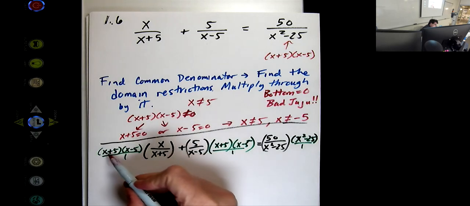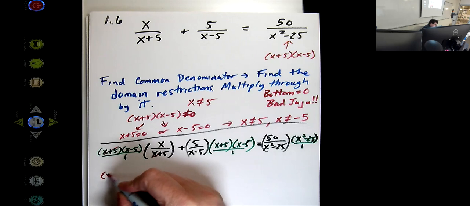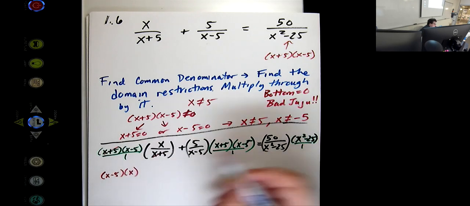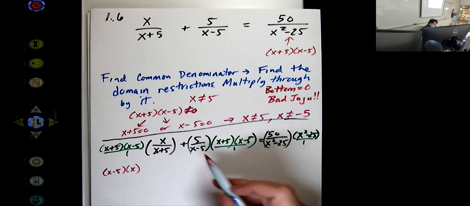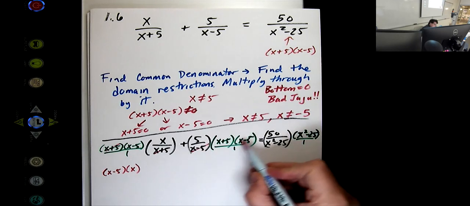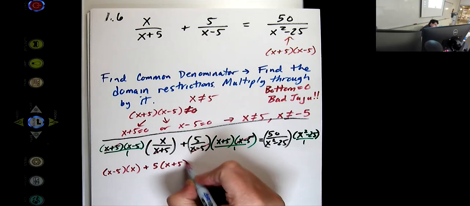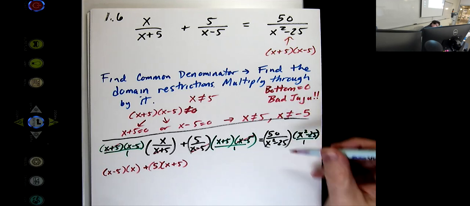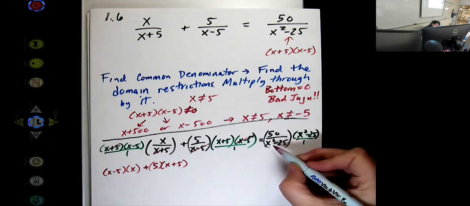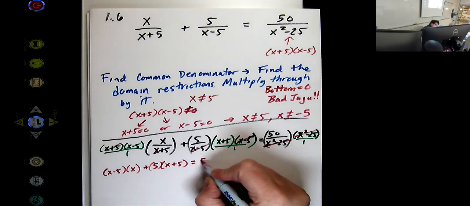On this one, the x plus 5 cancels with that x plus 5, and I'm left with x minus 5 times x. On this one, the x minus 5s cancel out, and I'm left with plus 5 times x plus 5. And finally, on the last one, x squared minus 25 completely cancels out. I'm just left with 50.